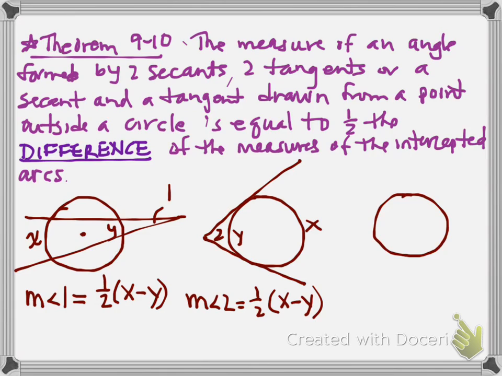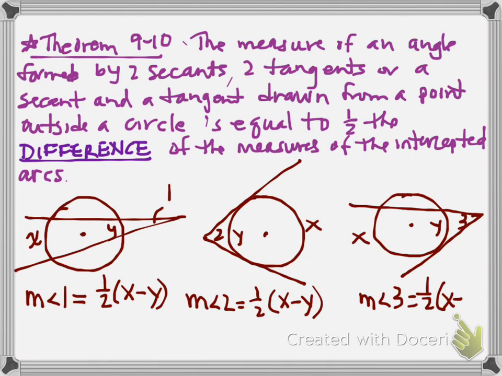Circle's getting smaller. So we have a point outside. We're going to have a secant, and we're going to have a tangent. So this is angle 3. Again, here's X is the larger one, Y is the smaller one. Measure of angle 3 equals 1/2 the difference, big arc minus small arc. So that's what this guy talks about.